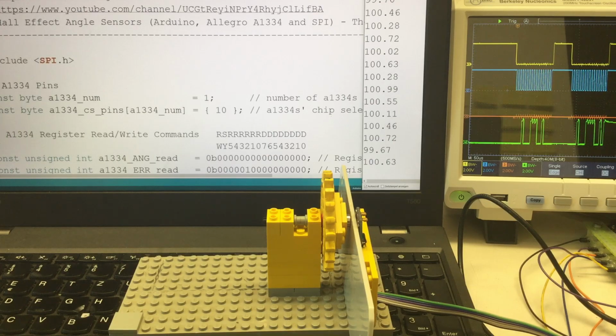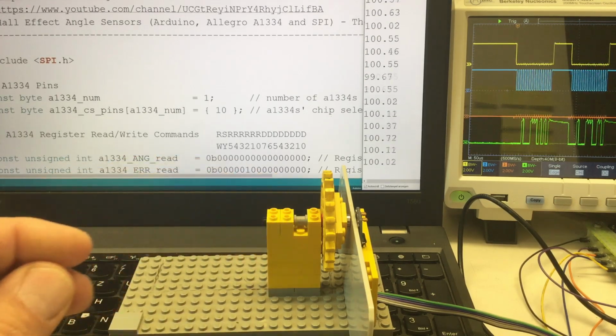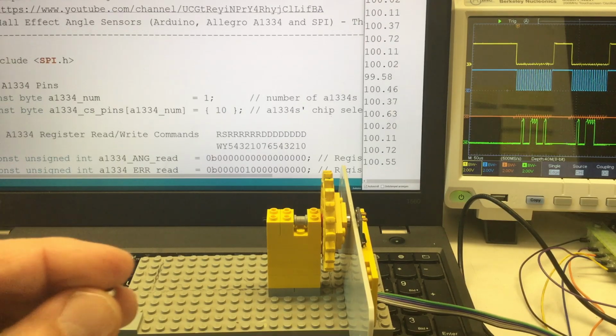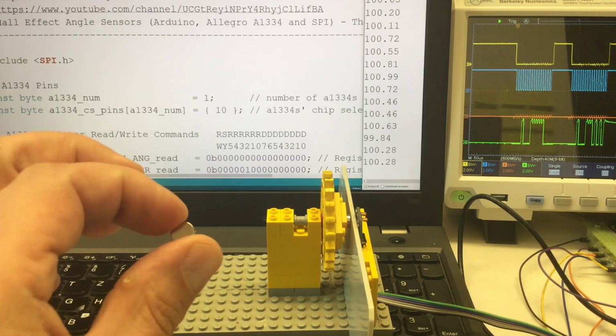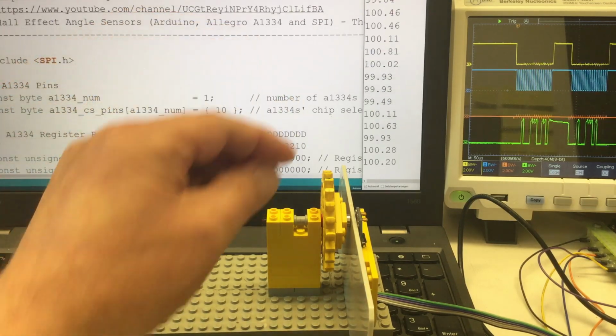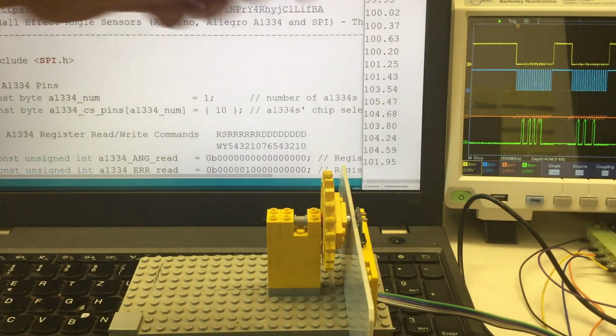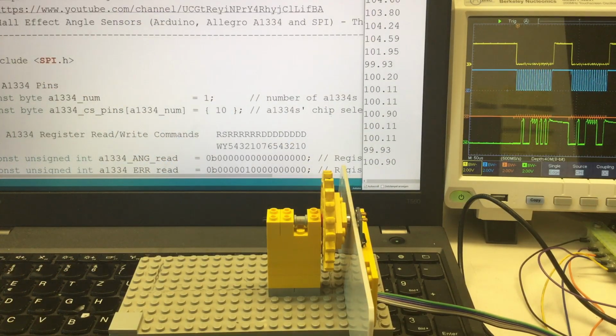And the question is, if I have another sensor nearby, what's the crosstalk between the two magnets? So of course, if I put the magnet close to here, so you can still read it. So I try it from the back.